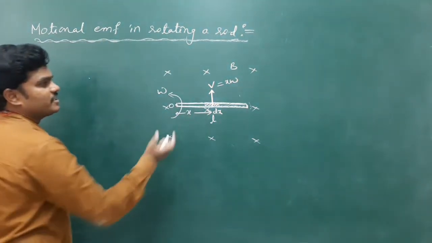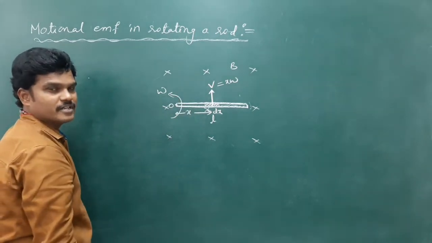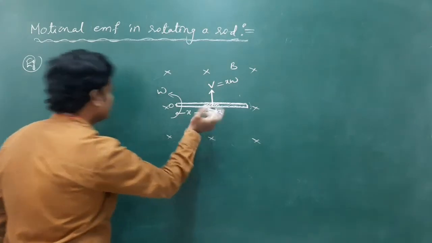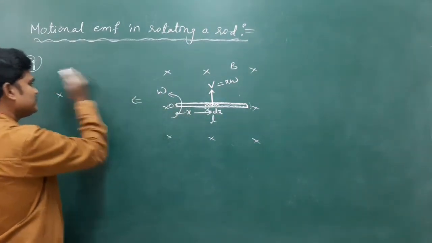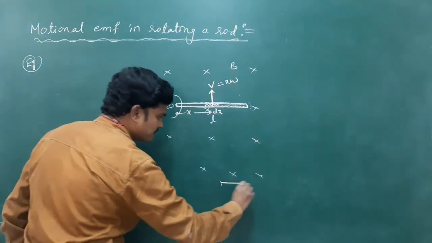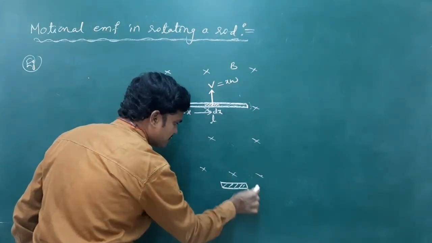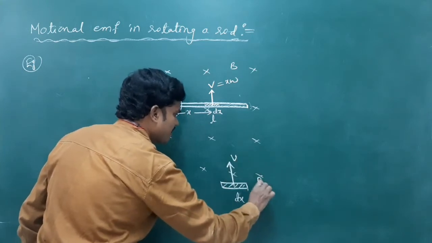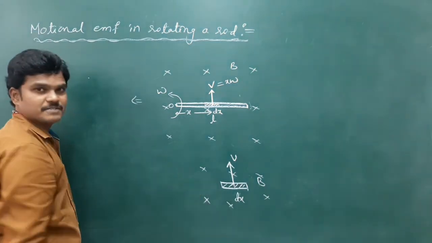I think you remember v equals r omega, the relation between linear velocity and angular velocity. Here the dx part is moving up because I have taken a small part. Let me draw this small part here, whose length is dx, moving with a speed v in a magnetic field B. This is like the previous concept.